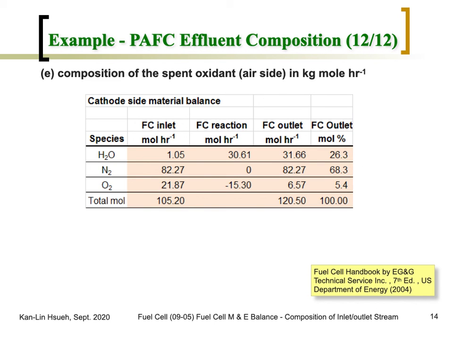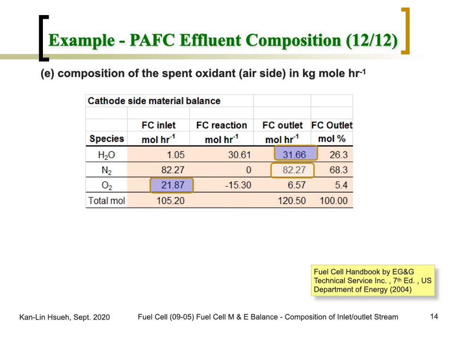The next step is to calculate the composition of the spent oxidant on the air side. The same thing: on the air side, nitrogen is inert and nothing reacts, so whatever comes in goes out. The water is generated due to the fuel cell reaction, so its molar flow rate increases at the outlet.